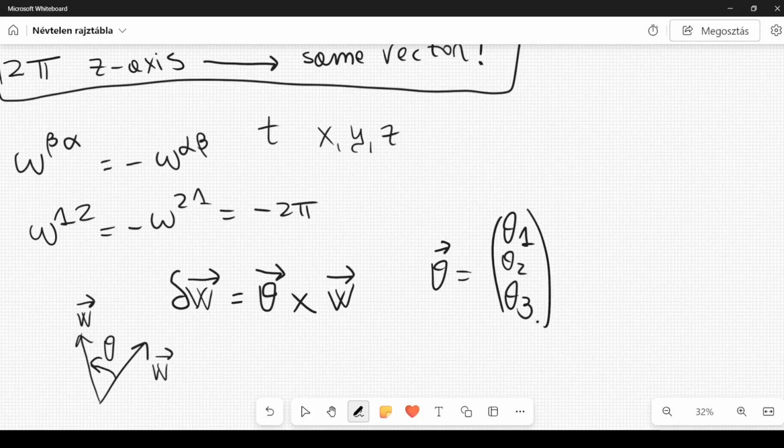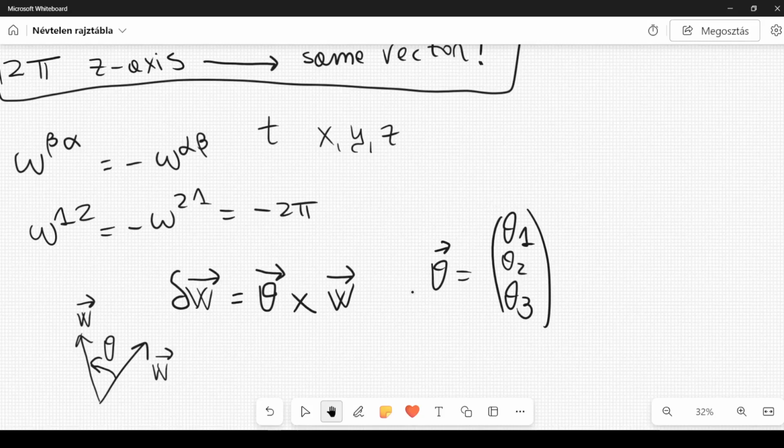These are infinitesimal rotations around the x-axis, the y-axis, and the z-axis. So it's a generic rotation. It's not around the x-axis, it's not around the y-axis or the z-axis. It's a generic rotation around some axis, which has some components along the x-axis, along the y-axis, and along the z-axis.